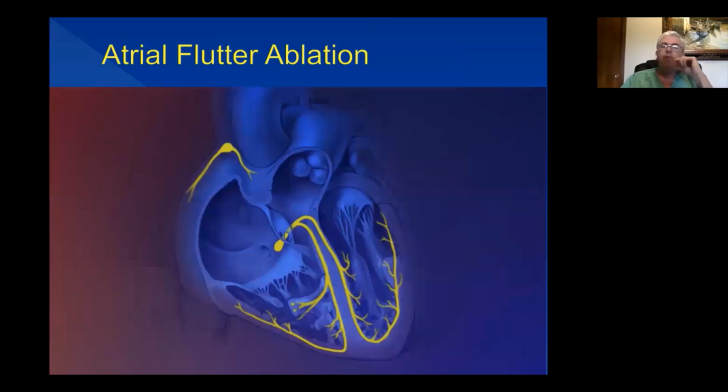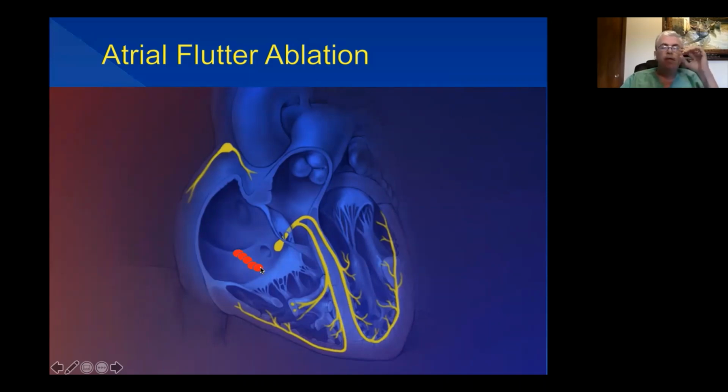So how do we ablate atrial flutter? Remember, it's a circuit. It goes like this. So find a place where it's the shortest distance where the circuit has to go and create a scar. And this is usually the shortest distance. We touch inside the heart, starting from the annulus on the tricuspid valve, one dot at a time.